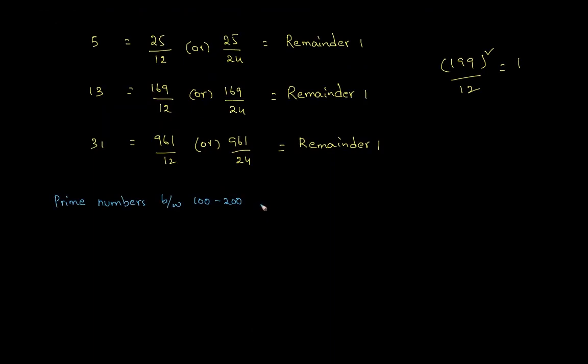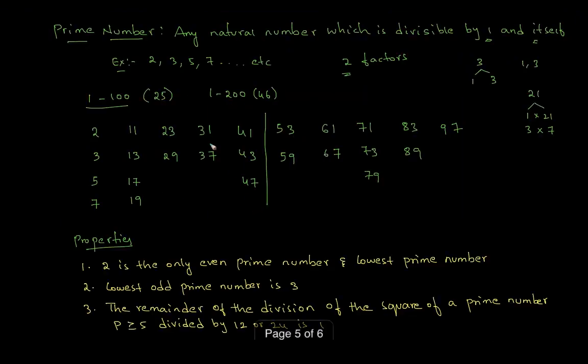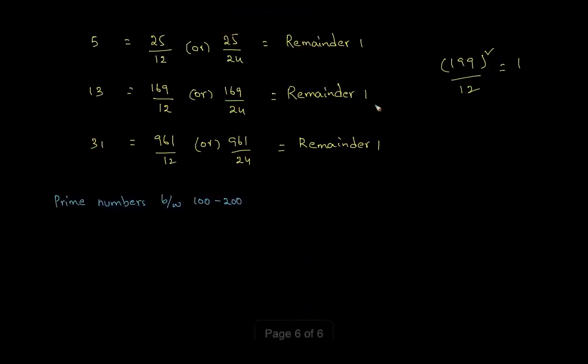Right? So how many prime numbers do you have? 46. So from 100 to 200, how many prime numbers will you have? 46 minus 25. So you will have total 21 prime numbers. So 1 to 100 you will have 25 prime numbers. 100 to 200 you will have 21 prime numbers.